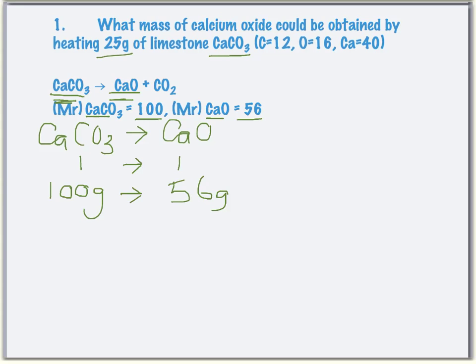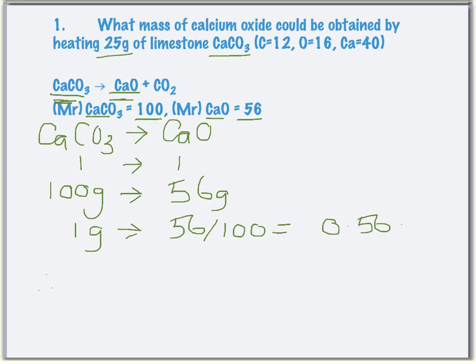So to answer that, what we need to do is work out how many grams of calcium oxide we will get if we had 1 gram of calcium carbonate. So 1 gram is the same as 56 over 100, which is going to be 0.56.